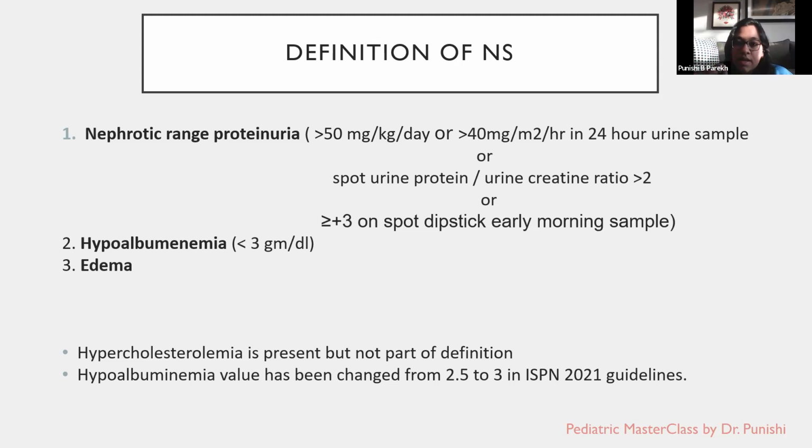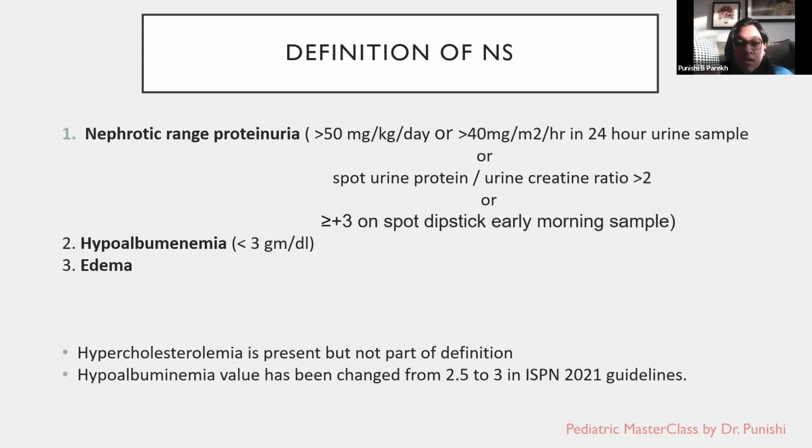On the dipstick, if the reading is +3 or more on an early morning sample, then you would call it nephrotic range proteinuria. If a minimal amount of proteinuria does not fit this definition, you would not call it nephrotic range proteinuria. Proteinuria can range from minimal to nephrotic range, so a smaller amount doesn't fall into this definition.